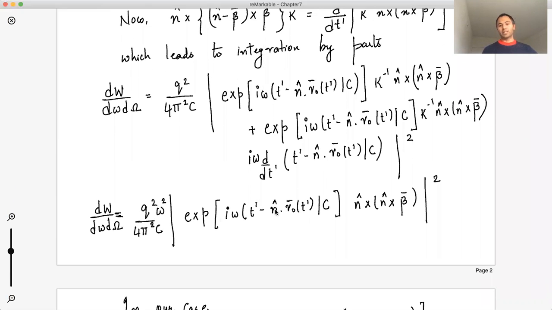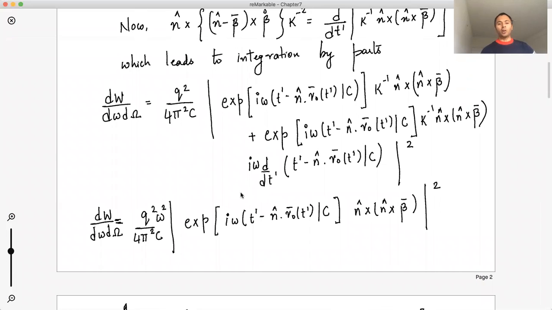It just becomes an integral of this simpler function. Sorry, I'm missing an integral sign here. There should be an integral. So it just becomes a simple integral of this function, which is n cross beta, a much simpler function than what we had before, times the exponential, which remains the same, and that's basically the effect of retardation inside the exponent. Okay, so all of this is true.